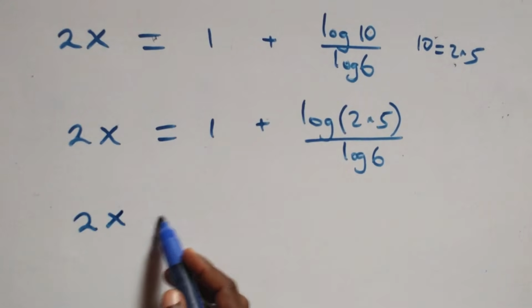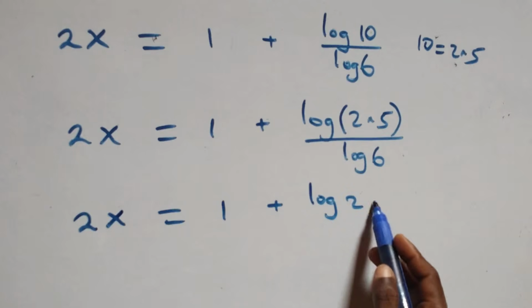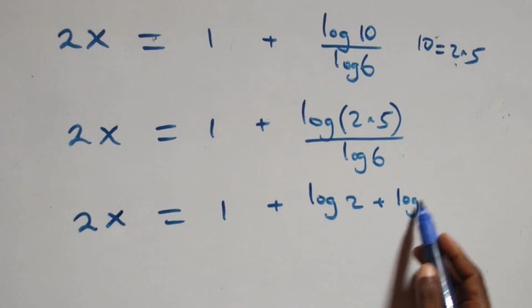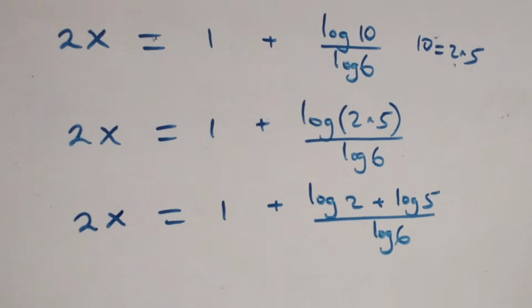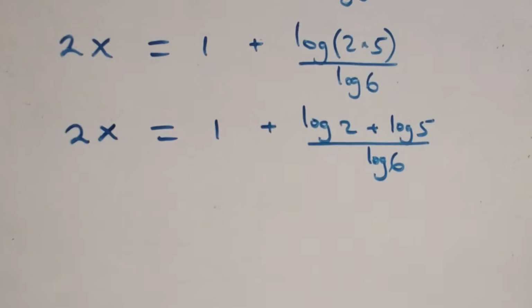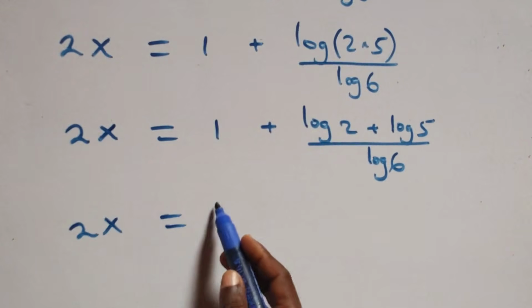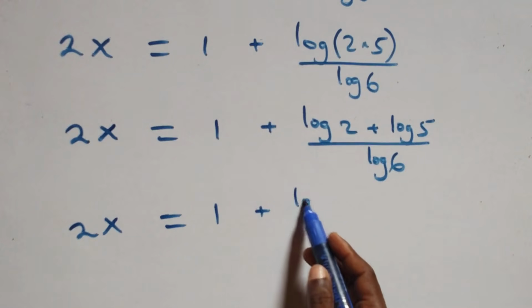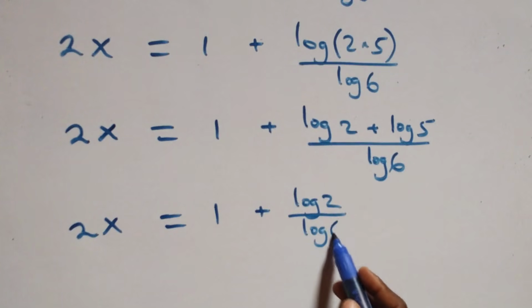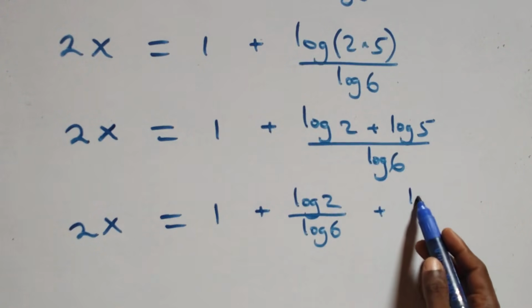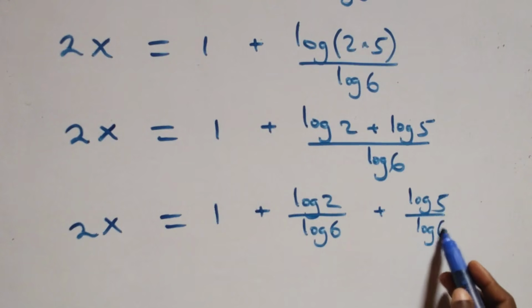We have 2x equals 1 plus log 2 plus log 5, over log 6. We separate this into two fractions. We have 2x equals 1 plus log 2 over log 6 plus log 5 over log 6.